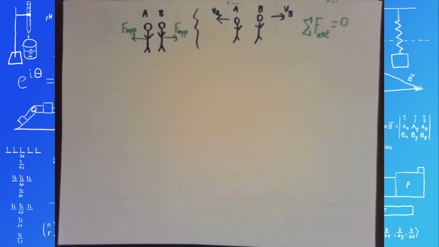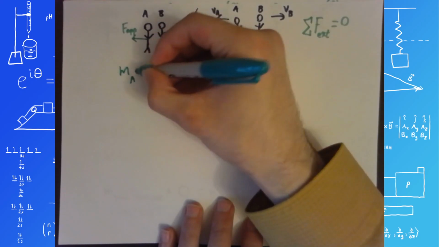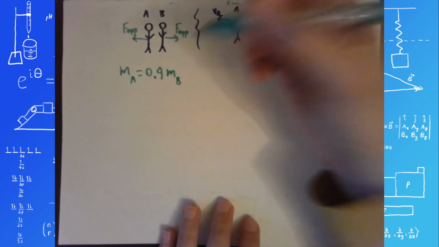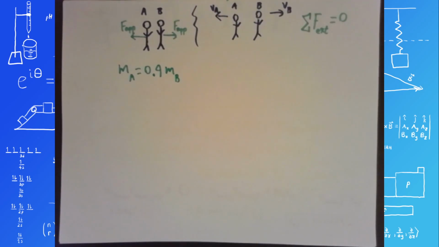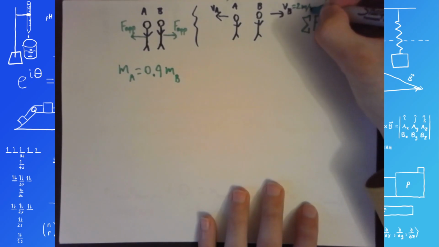Let's see. We just did part D. Part E: if A has a mass of 0.9 times that of B, and B begins to move away with a speed of 2 meters per second, find the speed of A. So, if mass of A equals 0.9 times the mass of B, so B is the bigger person, and B begins to move away with a speed of 2 meters per second, VB equals 2 meters per second.